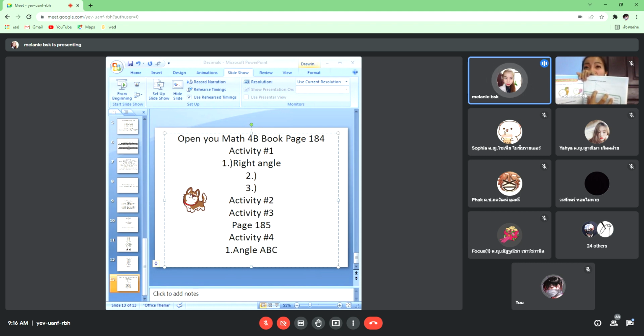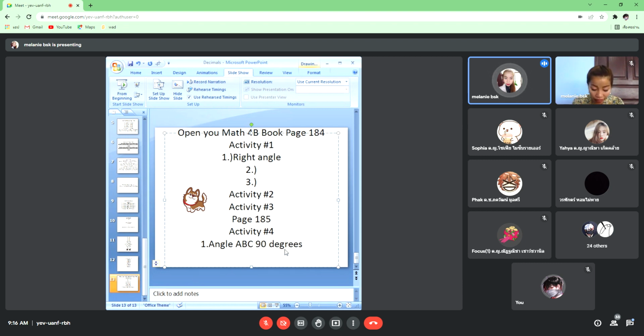It forms an L shape, so this is 90 degrees. For number 1, what is the measurement of angle ABC, children? 90 degrees. Very good. Angle ABC is 90 degrees.